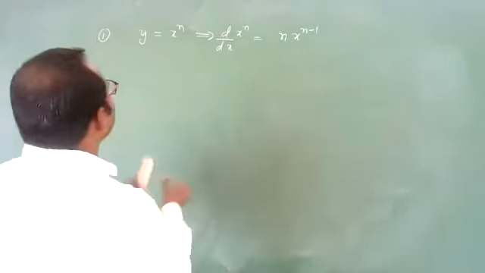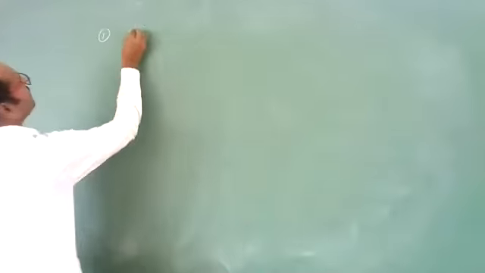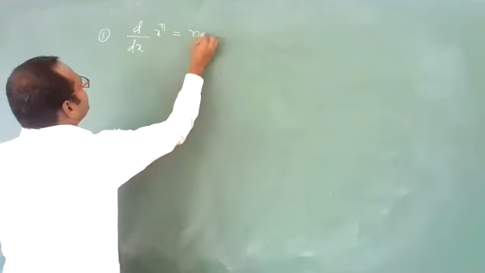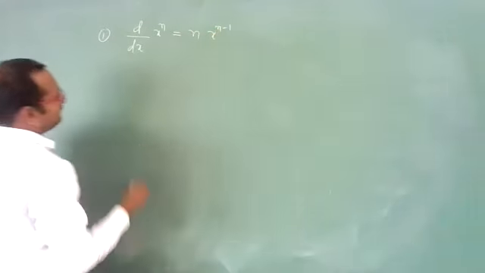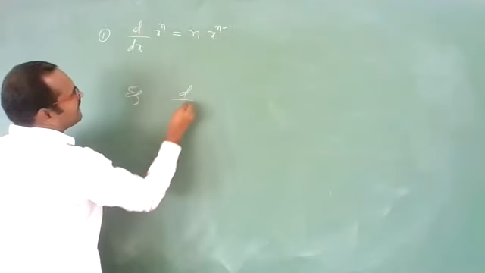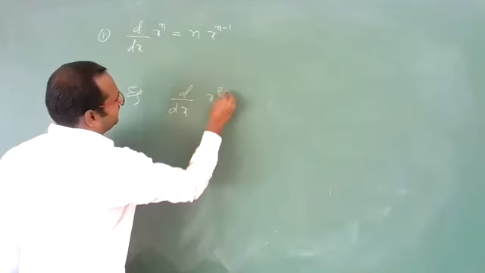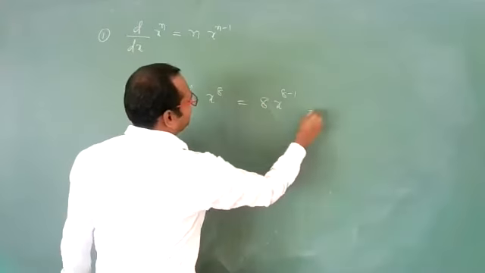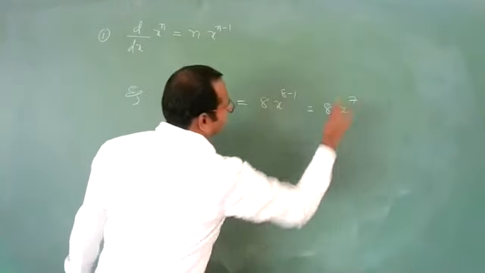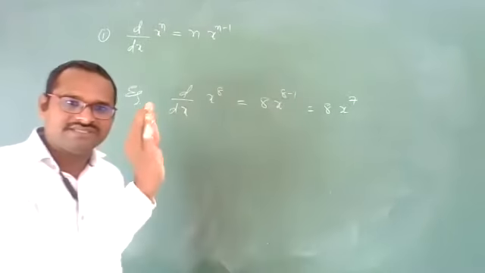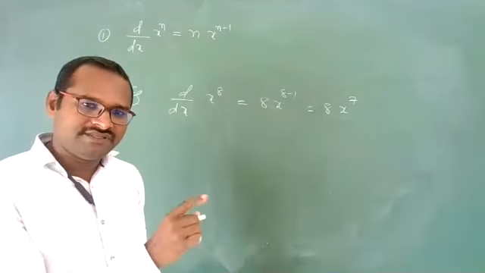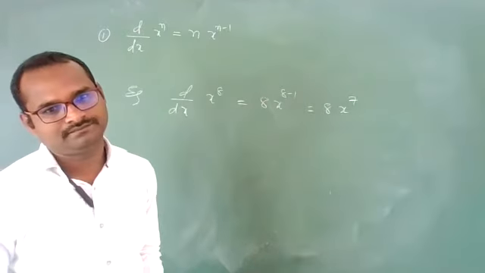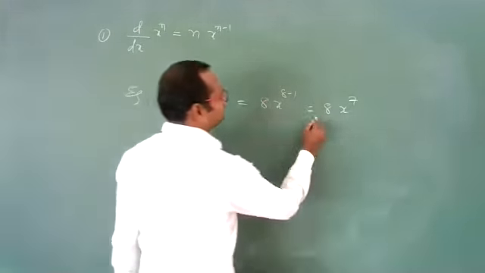Simply you can write d by dx of x power n as n into x power n minus 1. For example, d by dx of x power 8: the answer is 8 into x power 8 minus 1, that is 8 into x power 7. Whatever the power is, you multiply it with that term and reduce the power by 1. You will get the answer.